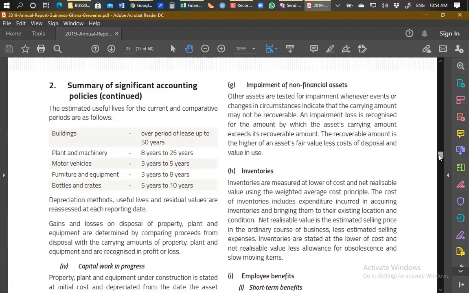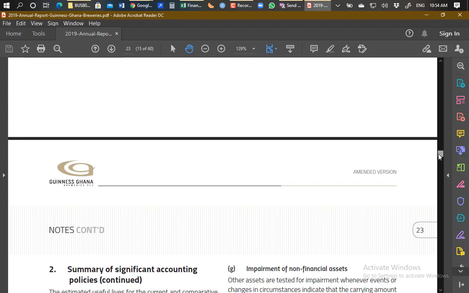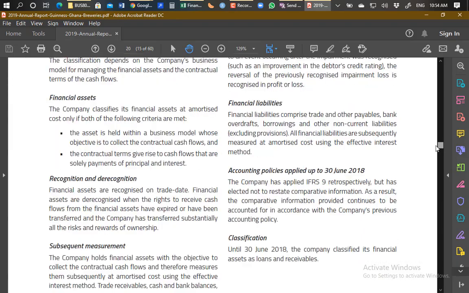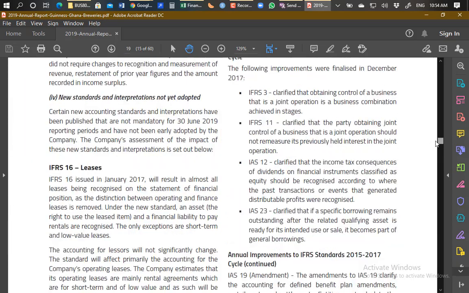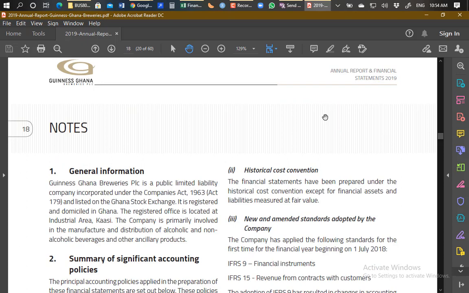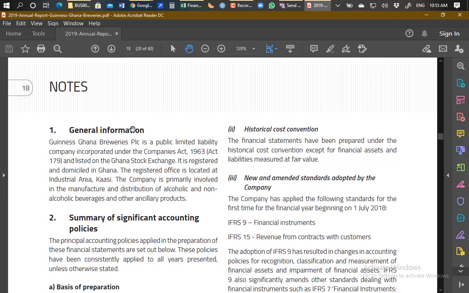Okay, so I think the note starts from... okay, this is where the note starts. Notes to the financial statements. General information. Summary of significant accounting policies, they are all there.